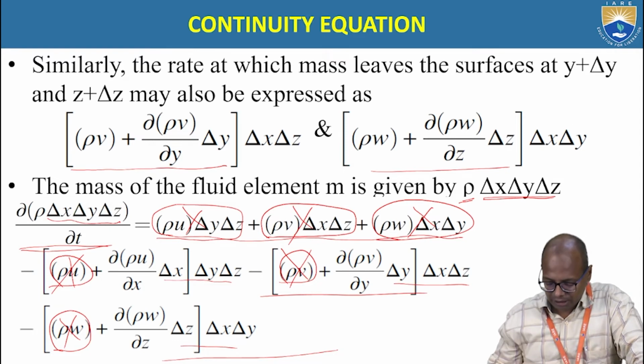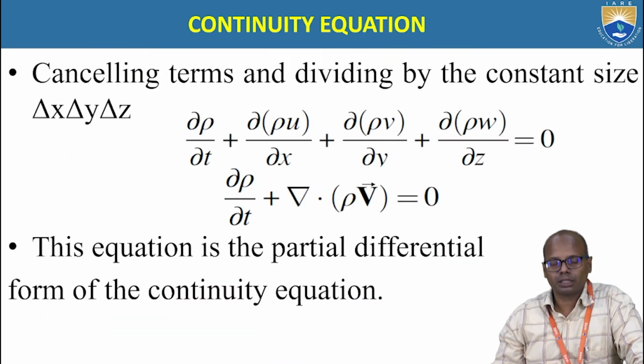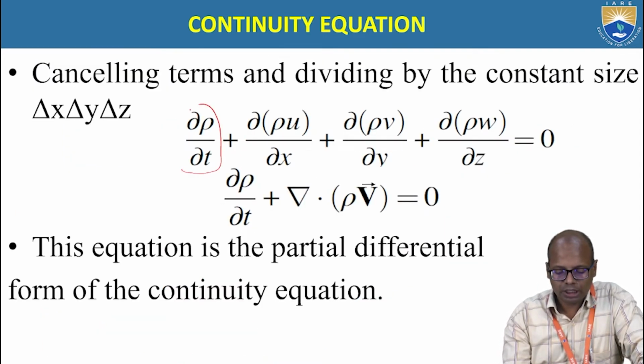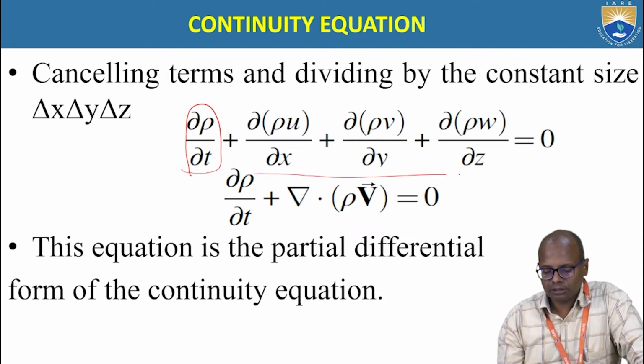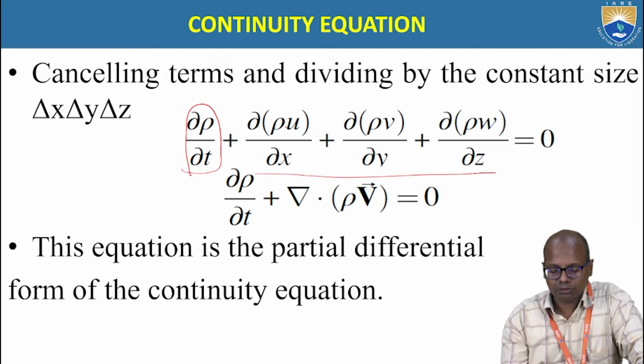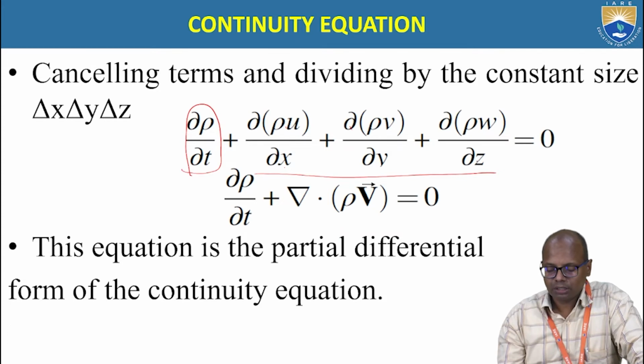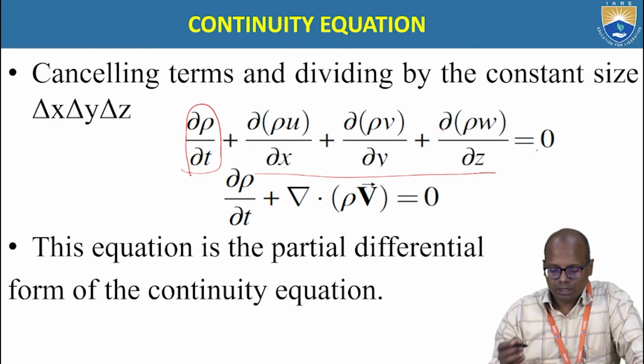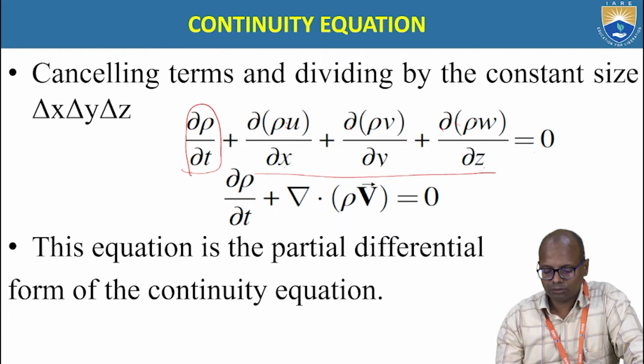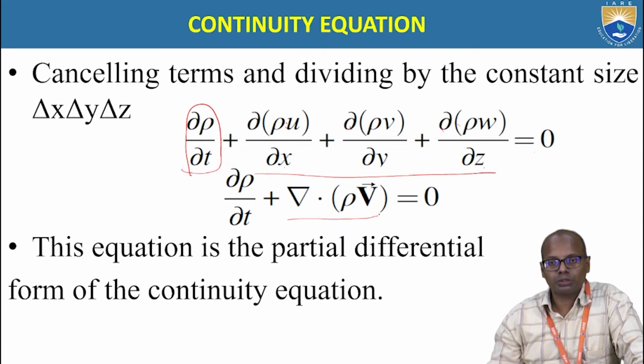If I simplify this equation, it will become: dou rho by dou t plus dou by dou x of rho u, plus dou by dou y of rho v, plus dou by dou z of rho w equals 0. Now as we have already seen, dou by dou x of rho u, dou by dou y of rho v, and dou by dou z of rho w can be written as del dot rho v bar.